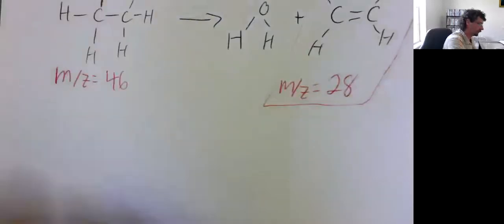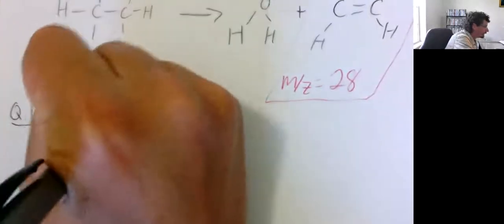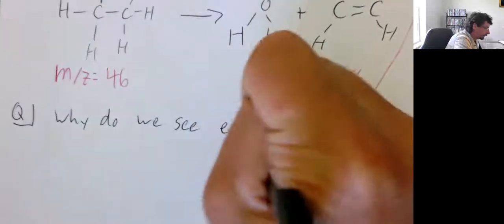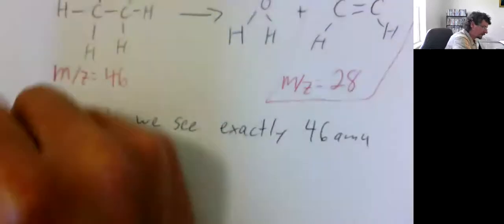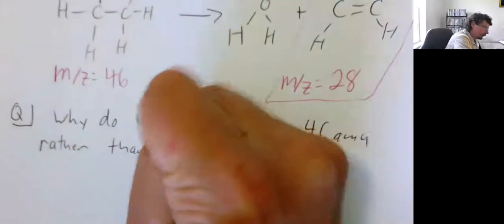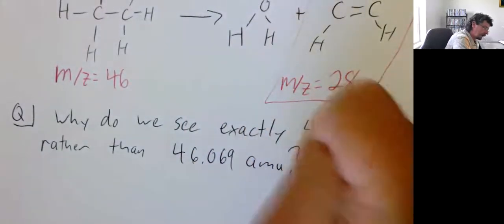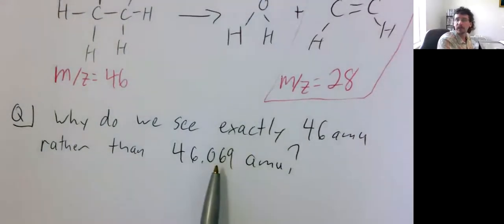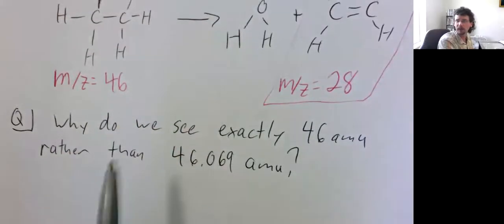So that brings us to another question. Why do we see exactly 46 AMU in the mass spectrum rather than 46.069 AMU? So this number comes from the average atomic mass on the periodic table if you add those up all for ethanol.